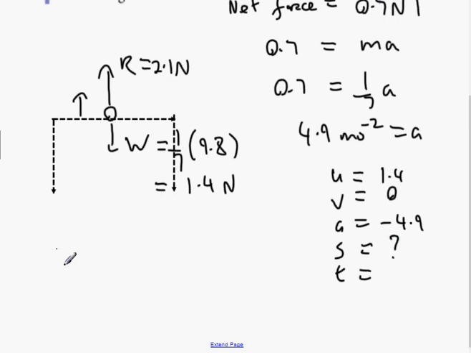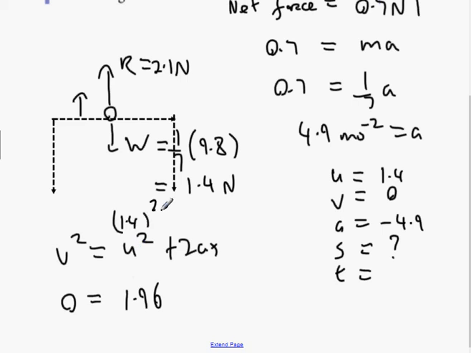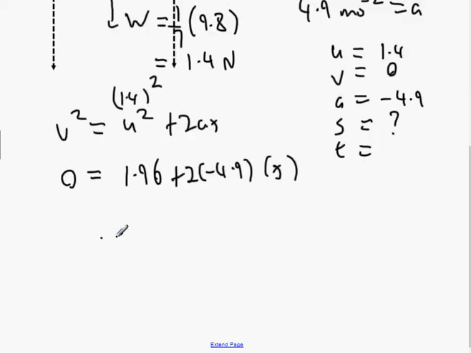V squared equals U squared plus 2AS. 0 squared equals 1.4 squared, which is 1.96, isn't it? Hopefully. 1.4 squared being 1.96 plus 2AS, which is 2 times minus 4.9 times S. So we're going to get minus 9.8S, because 2 times minus 4.9 is minus 9.8.